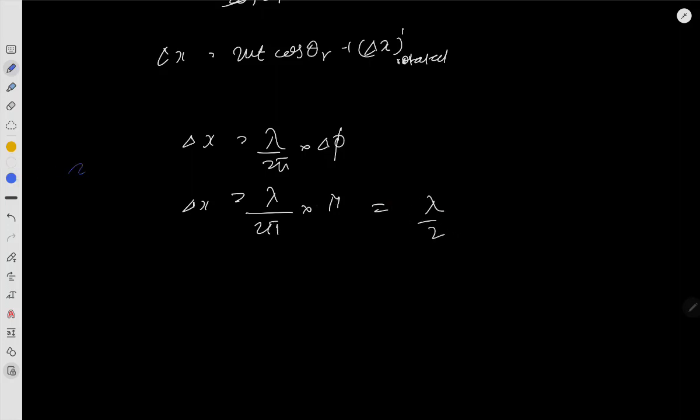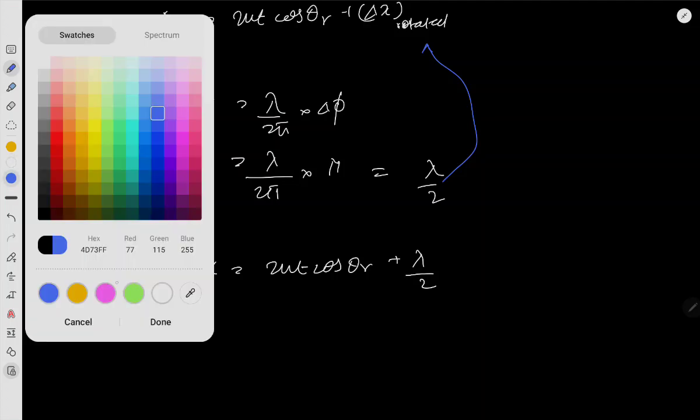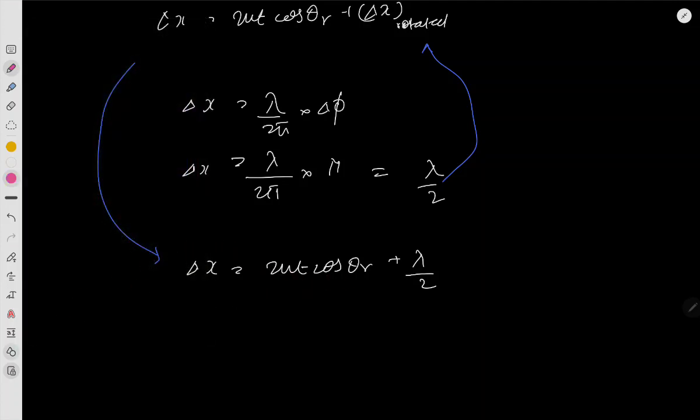So we add this lambda by 2 in this equation, and then we finally get the path difference, that is 2 mu t cos theta r plus lambda by 2. This is easy, not so hard to derive, just a bit of complications here and there, else everything is sorted. Yes, so let me put it in red.